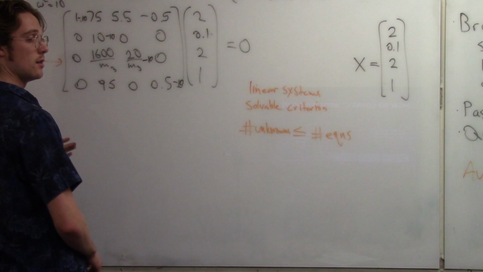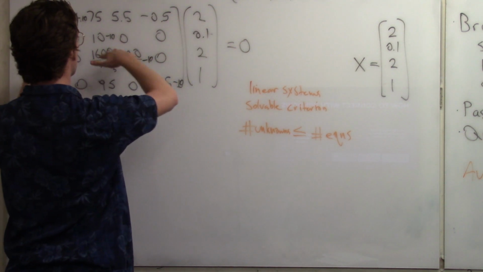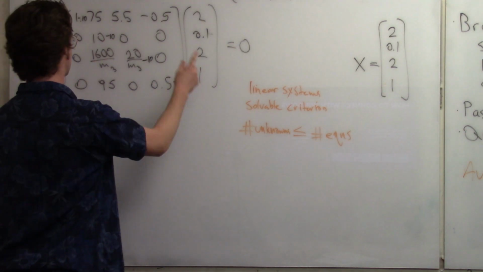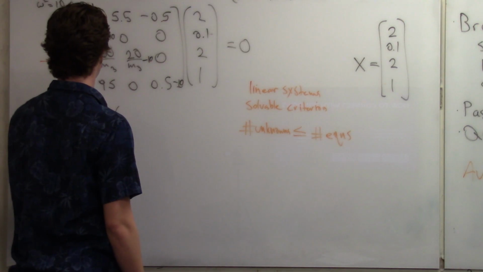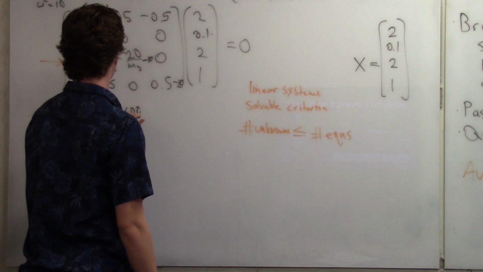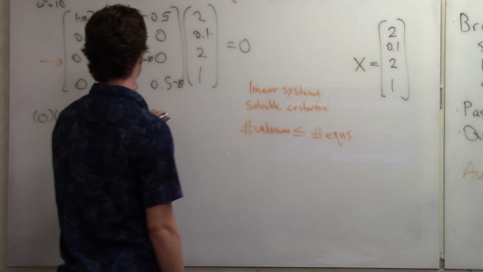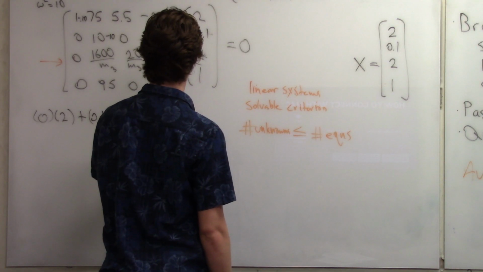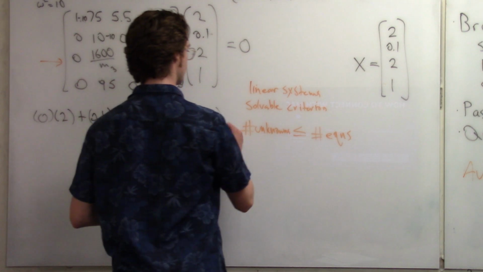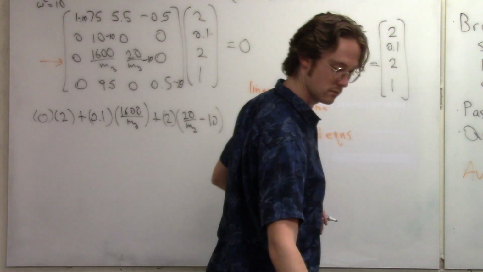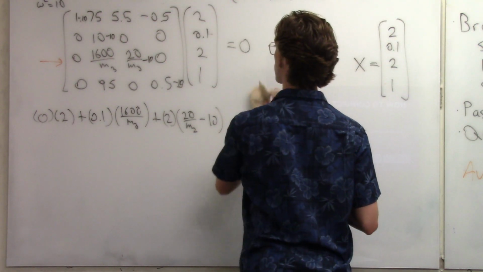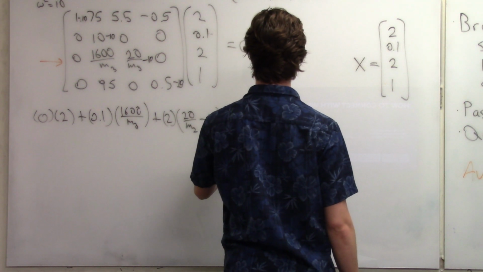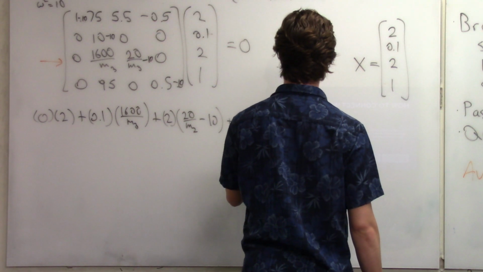So now what we're going to do is matrix multiply only this third row, which is going to be 0 times 2 plus 0.1 times 1600 over M3 plus 2 times 20 over M3 minus 10 plus 1 times 0 equals 0.